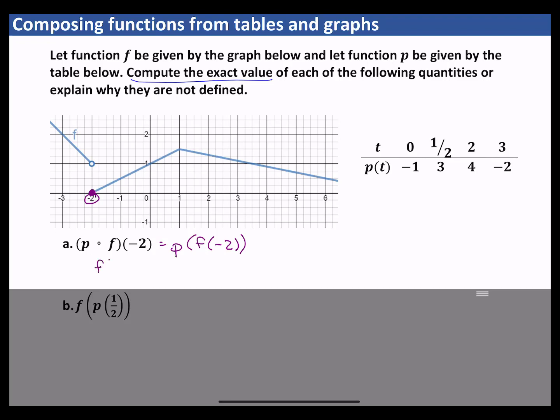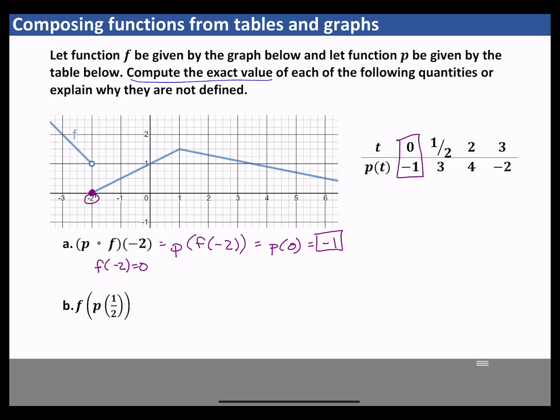So we know from the graph that f of -2 equals 0. If we substitute that into our composition, that means we want to find p of 0. And 0 is the input for function p. So when the input for function p is 0, we see in our table that p of 0 equals -1.